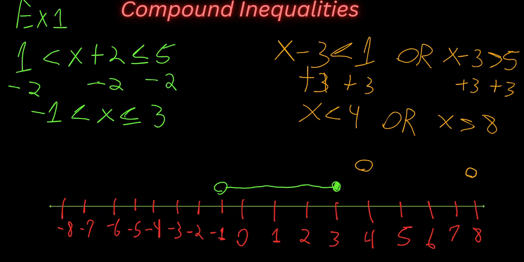Okay, so you see that x must be less than 4, so everything in this direction satisfies the compound inequality, and everything in this direction satisfies the compound inequality. But anything within this region will not satisfy the compound inequality.